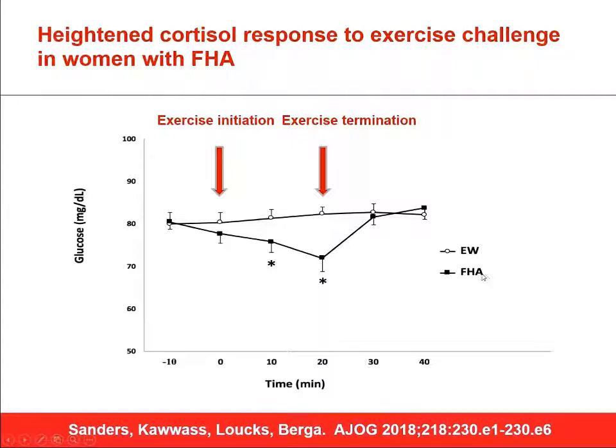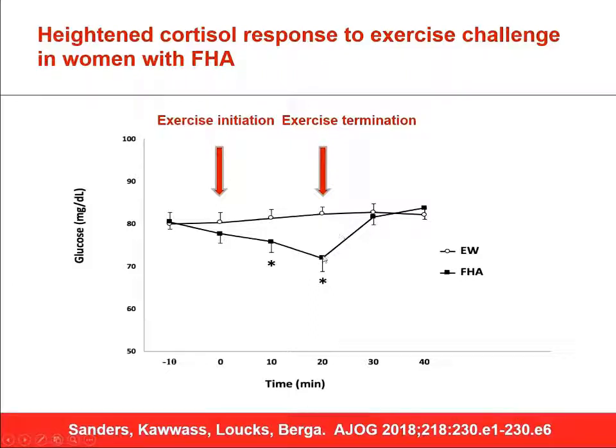The women who are amenorrheic already start to experience a decline in glucose, probably because of psychogenic activation. This has been demonstrated in other paradigms as well. Then when the exercise challenge begins, and it's only 20 minutes long, they continue to drop their glucose. It does recover rather promptly, which is good.